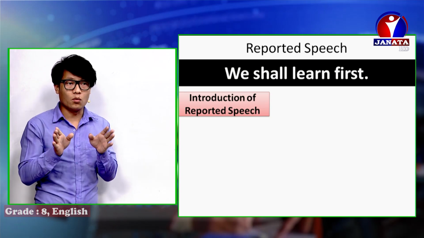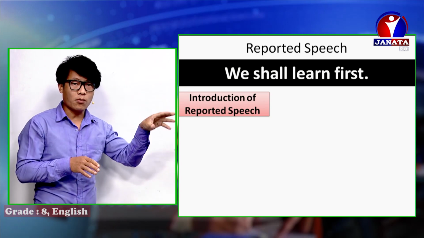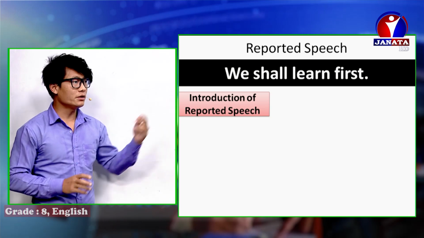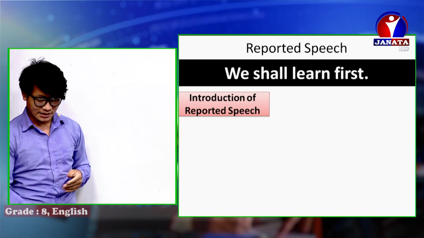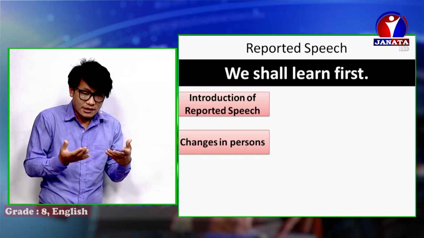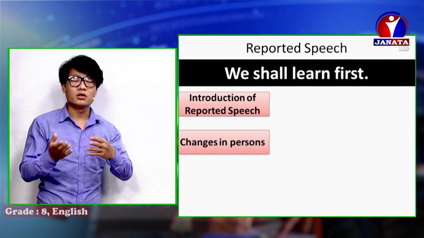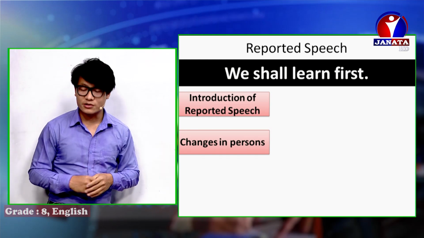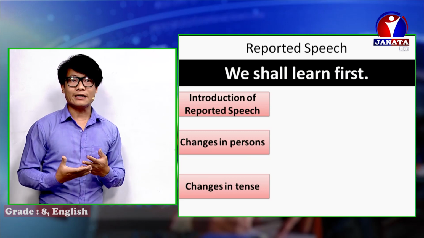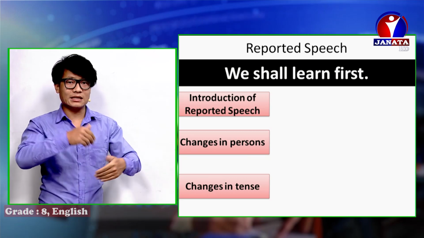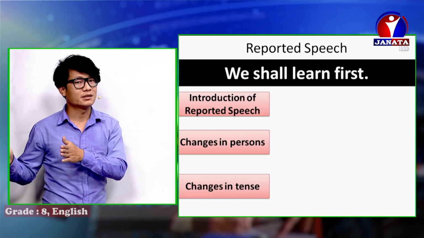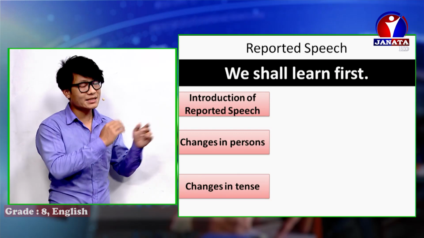We need to know which is called reporting, which is called reported. Then after, changes in the persons, we need to change the persons. Next, changes in tense. If the reporting is in a past tense, then we need to change the tense of the reported sentence.